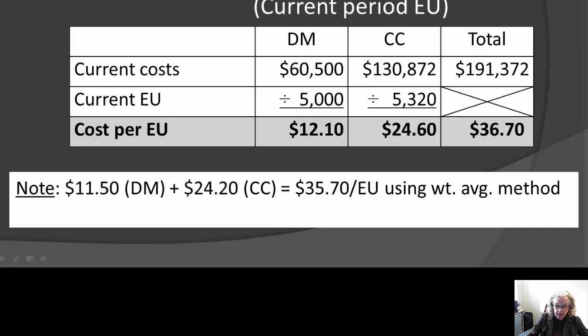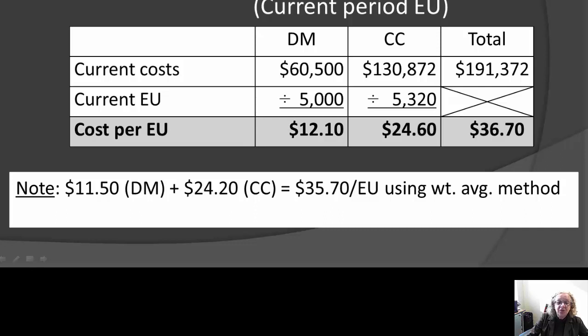In that section, we found that for the weighted average method, we paid an average of $11.50 for materials. Here, we find that it cost us $12.10, considering only current costs.